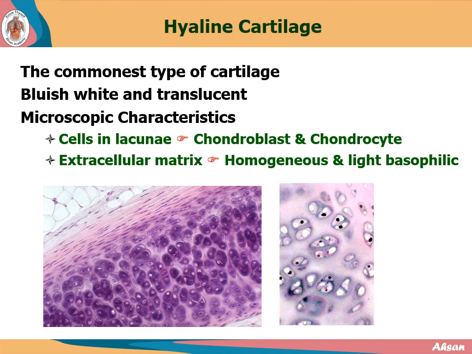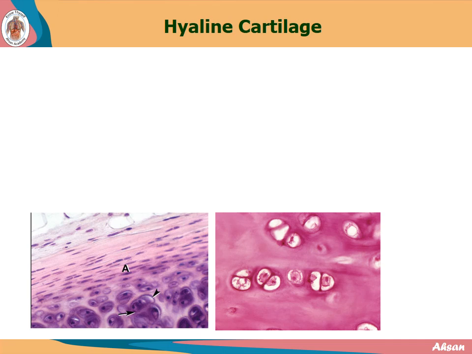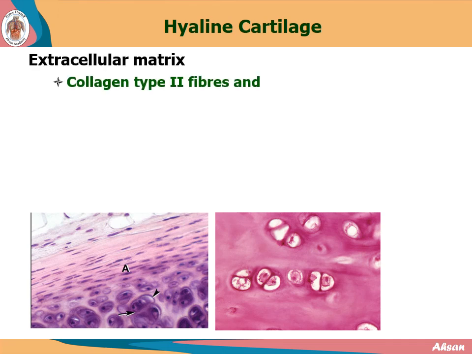Usually we concentrate on the isogenous group. This isogenous group in hyaline cartilage comprises even up to 8 cells, and the extracellular matrix is very homogeneously stained. We cannot see any fiber in it. This extracellular matrix contains mostly type 2 collagen fiber, and type 1 collagen fibers are not present.